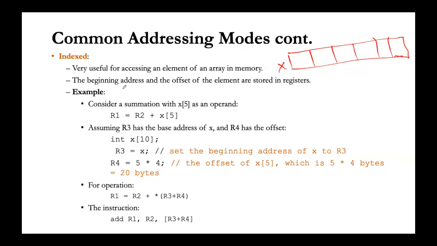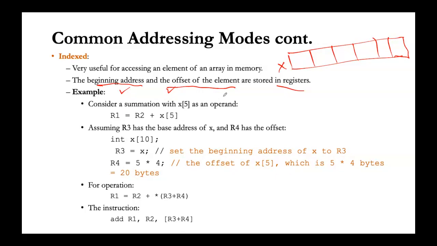In this indexed addressing mode, the beginning address and the offset of your element are stored in registers. One is the beginning address, another one is the offset. So different registers are used: one register to store the beginning address, and another register to store the offset of the element.